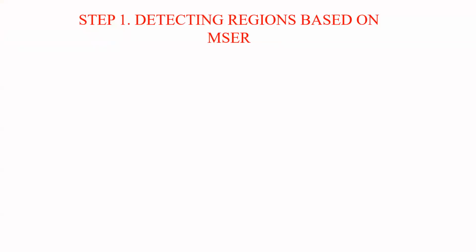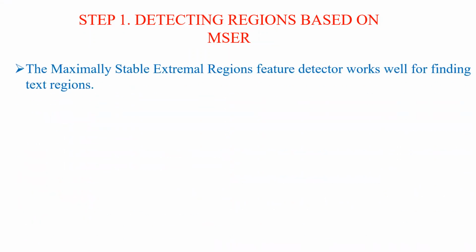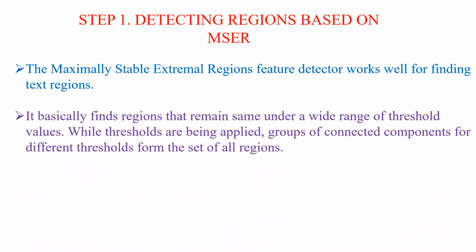In step 1, detecting regions based on MSER. MSER means maximally stable extremal regions. This is a feature detector. It works well for finding text regions. Let's see how it works. It basically finds the regions that remain the same under a wide range of threshold values.